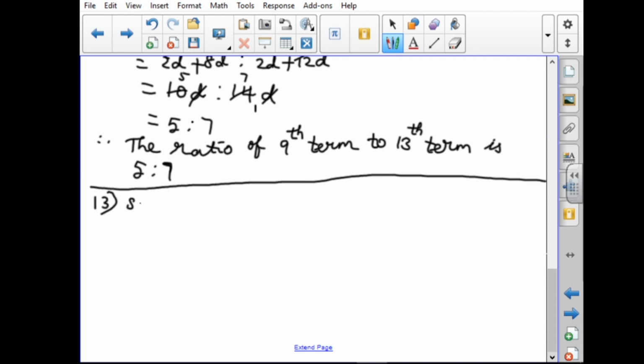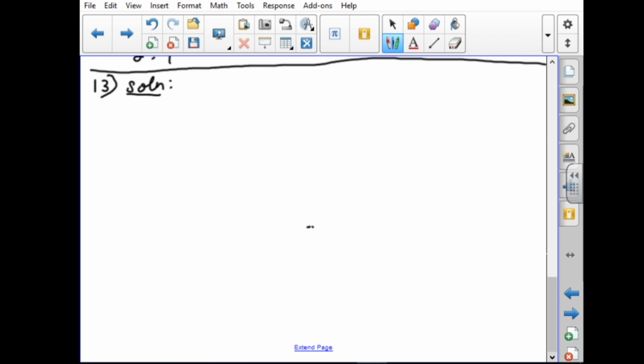The 13th sum. They have given the statement problem, so you have to write the statement like that. First, given: the temperatures are in AP.